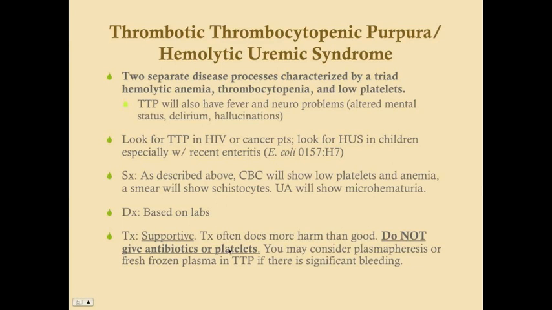That's going to worsen the disease. If we have really bad bleeding, what we can do is plasmapheresis or fresh frozen plasma if there's significant bleeding. But for the most part, when we have patients with TTP and hemolytic uremic syndrome, we're going to primarily just do supportive therapy. We're going to admit them to the ICU and monitor them.